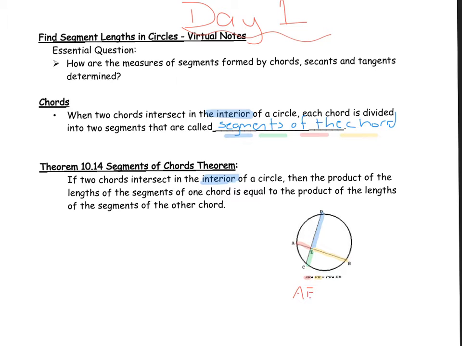So this is AE times EB equals CE, which is the one that we highlighted in green, times ED, which is the one that we highlighted in blue. So that equals CE times ED. You multiply the two pieces of each chord together and set them equal. That's a relationship that has to happen when you have two chords intersecting on the inside of a circle.